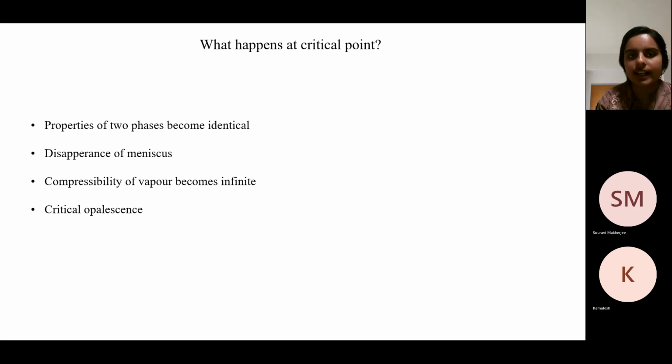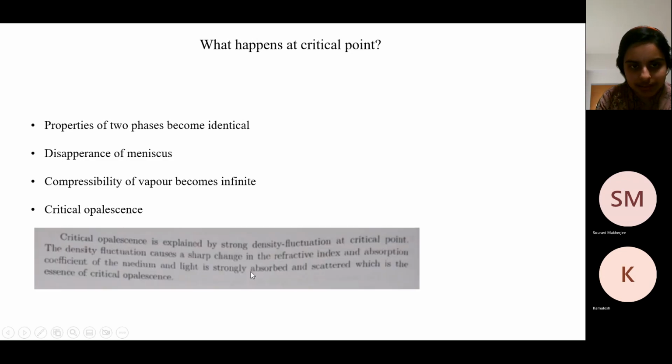So what happens here is that because the properties of the two phases become identical, if you pass a light through it, it will not be transmitted. Rather, the absorption increases at this point, the scattering increases at this point, and because of that, it becomes opaque. Okay. And if you go to a higher temperature beyond the critical point, again it would become transparent, but then it would only be in the vapor phase.